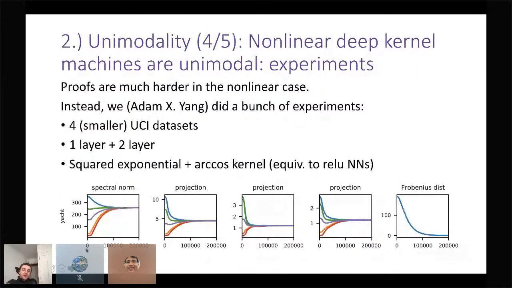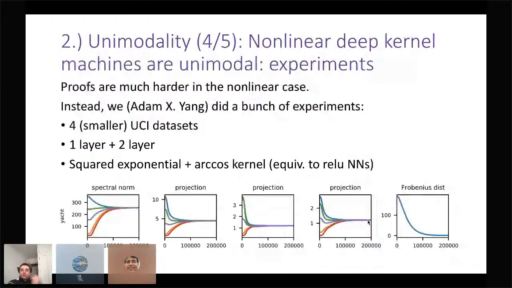Here, the different colors are different initializations. We can see that the spectral norms and various projections converge to the same value. We can also compute the average Frobenius distance between the optimized gram matrix for each initialization, and that distance goes to 0 as those gram matrices all converge on the same solution.